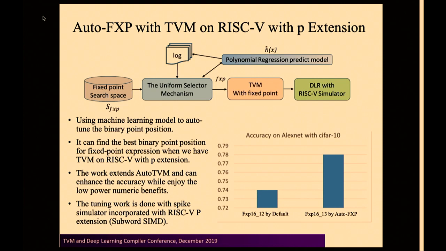Currently, our implementation uses the same selection for all the layers. But we hope to further extend it to not just select the binary position but also the width, and to choose different binary positions for different layers.